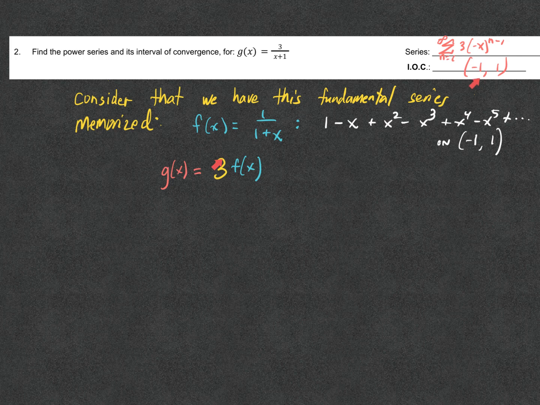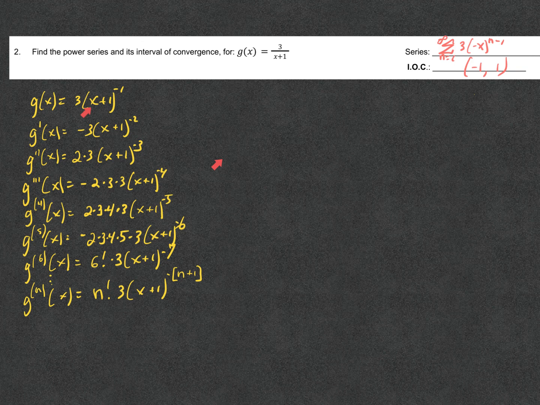There was a third way I saw students do it, which was the most work, and we might as well just take a quick look, but I wouldn't recommend it for a problem like number 2. Some people actually created the power series from scratch. We recall first we need to know all these derivatives, then we need to know where our series is going to be centered.